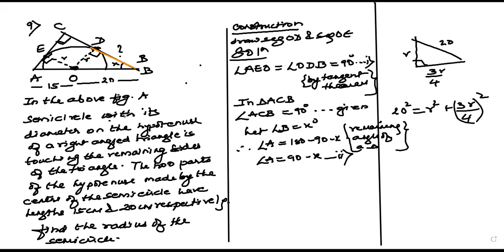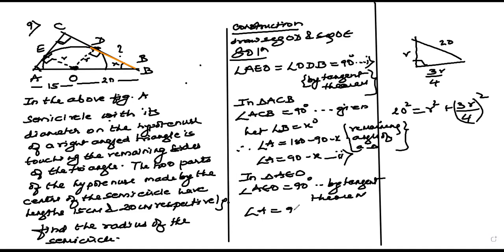Now, this angle A, I got it. But how will angle A help? Look, angle A belongs to triangle AEO. So look at this triangle AEO now. In triangle AEO, again you can see angle AEO equal 90 degrees by tangent theorem, and you can also see angle A is a common angle.